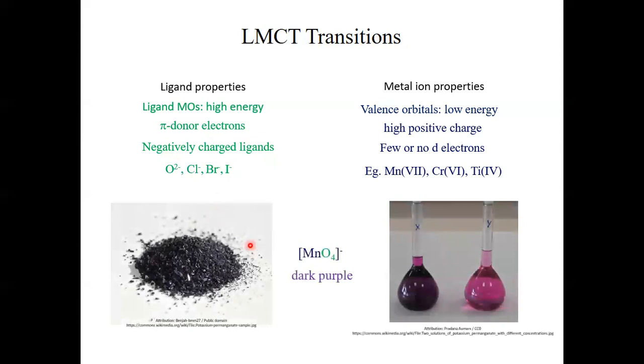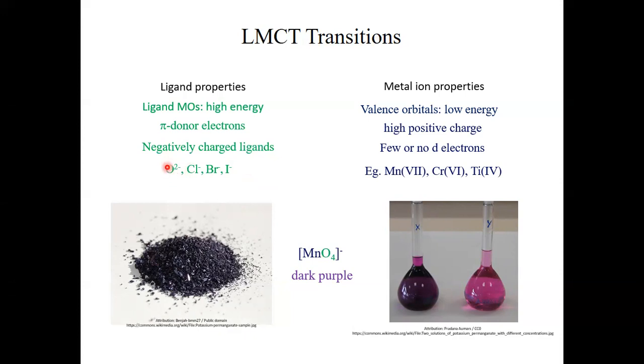With this, we understand why the permanganate has such a deep, dark purple color due to a ligand to metal charge transfer transition. The manganese is in the oxidation state +7, hence its valence orbitals have a low energy, and it has O2 minus anions as ligands, which are pi donors and have a negative charge.